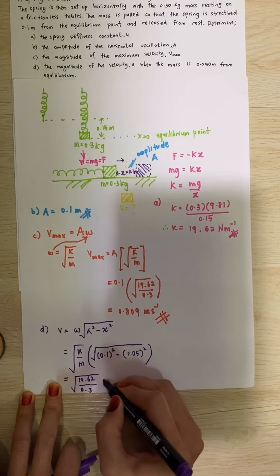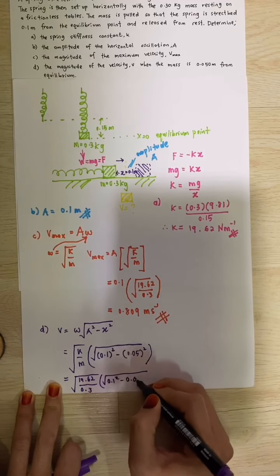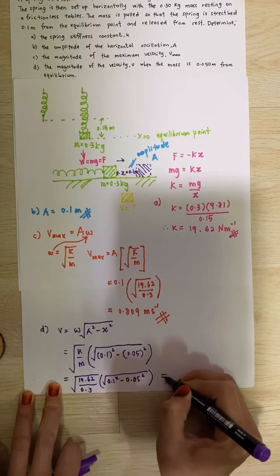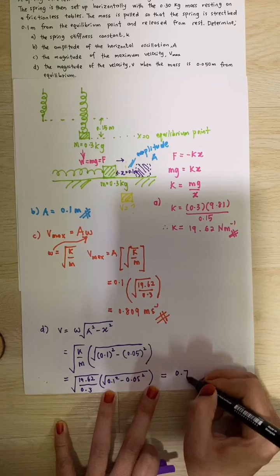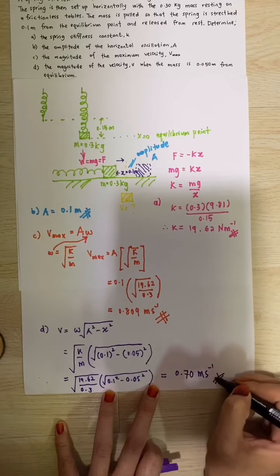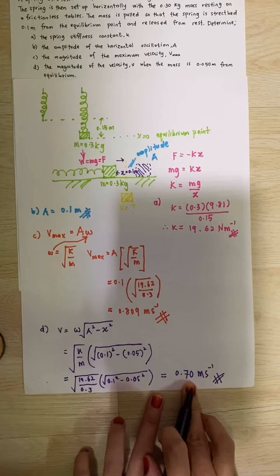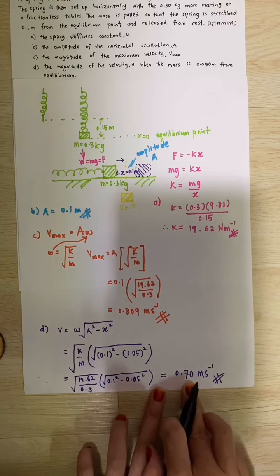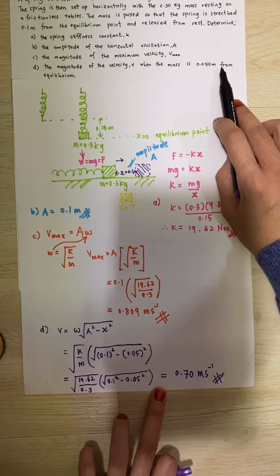Then you will get the final answer: 0.70 meter per second. So finally we get the velocity of the mass when it is 0.05 meter from equilibrium.